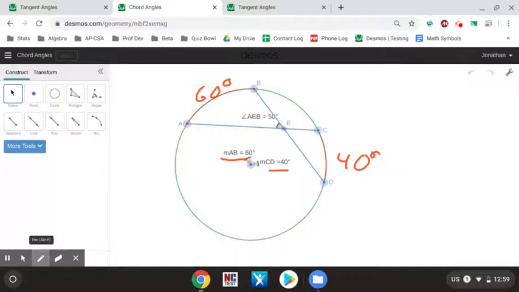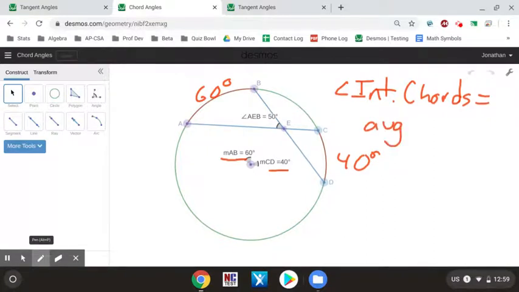And it is not a coincidence that 50 is exactly in the middle, because one property that is true here is, it's not an inscribed angle, but the angle between chords, or the angle of intersecting chords, is equal to the average of the arcs.